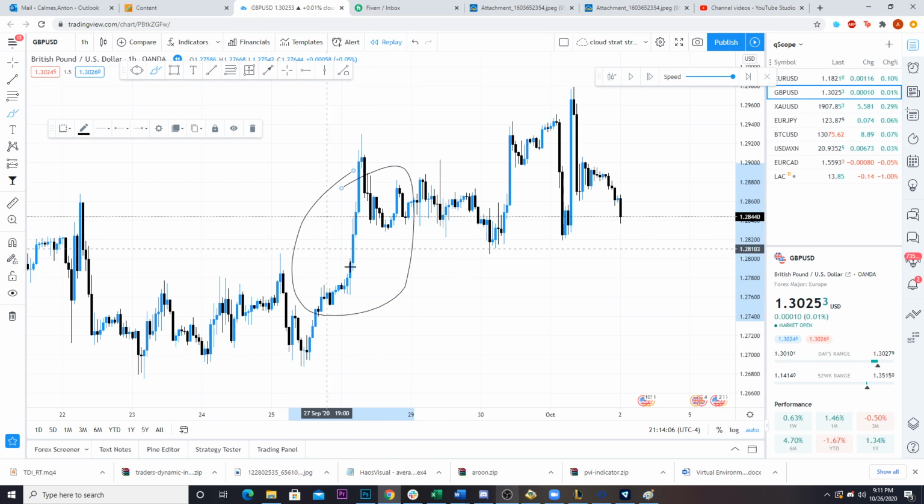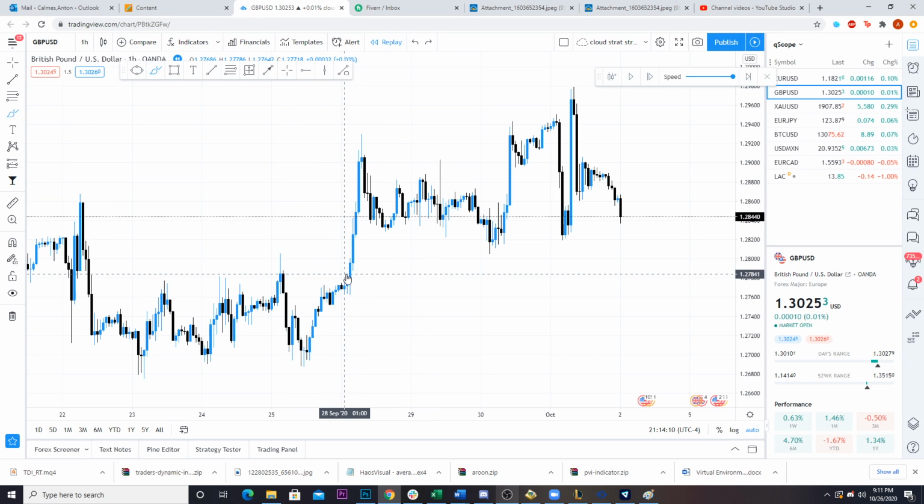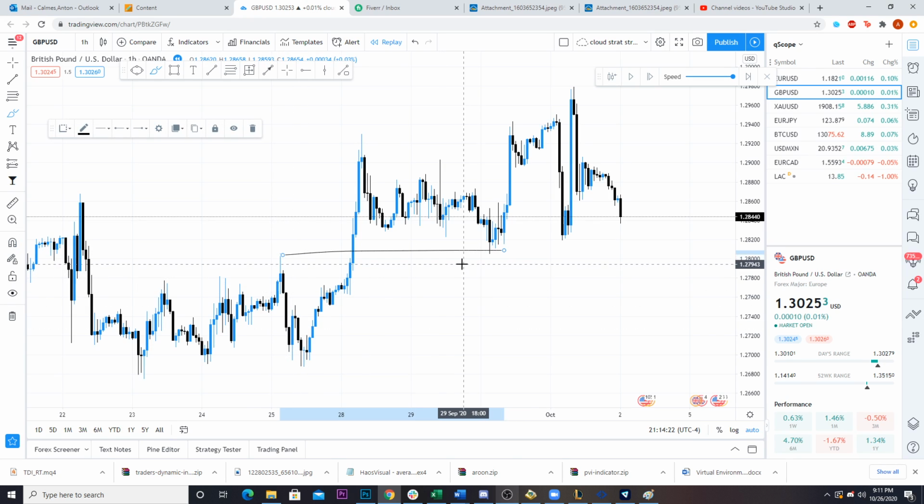So if we just look at this move, for instance, this in some people's minds is a liquidity void, and for some it's an imbalance here, an imbalance here, an imbalance here, and an imbalance here, right? Either way, whatever you want to call it, some people call this a fair value gap, and other people will know that this is a breaker block, and other people will know this is a mitigation, right?